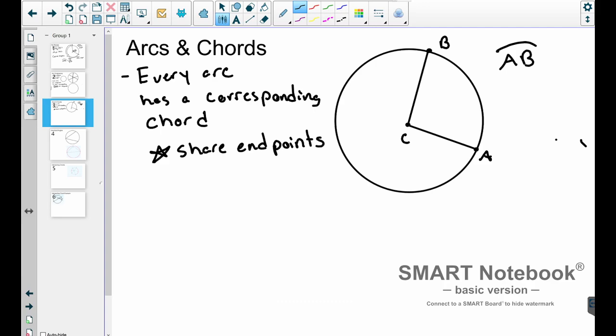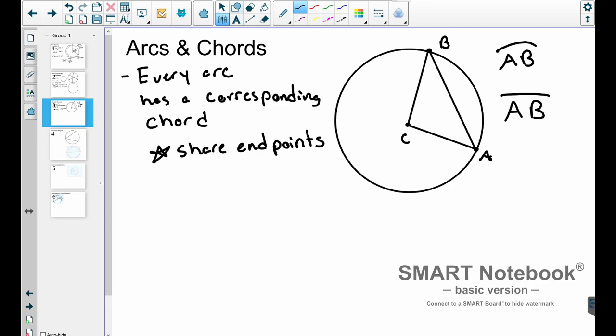Let's give a visual example. Let's say, and I'll try to use the line tool here to make it as straight as possible, we had a chord that ran from point A to point B, like that. So we now have chord AB, and we'll denote it like this, like a line segment. So we have chord AB and we have arc AB. And that is an example of a corresponding chord.